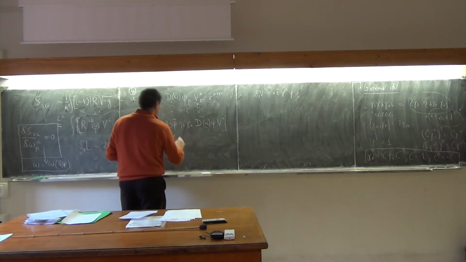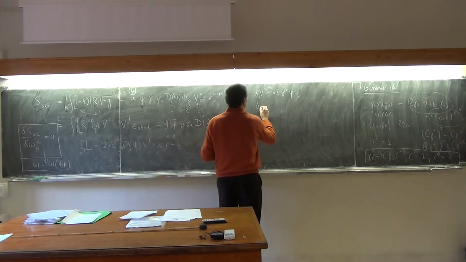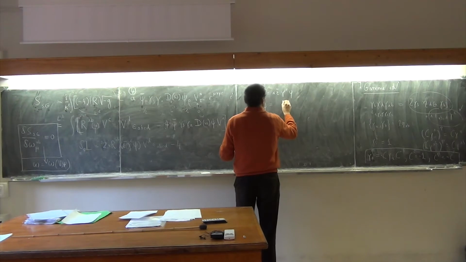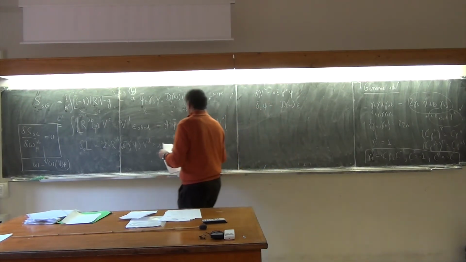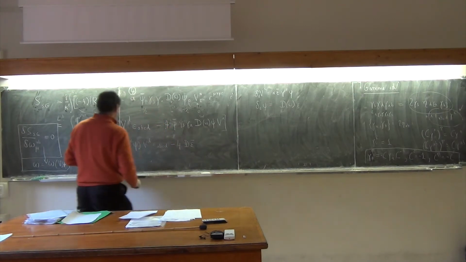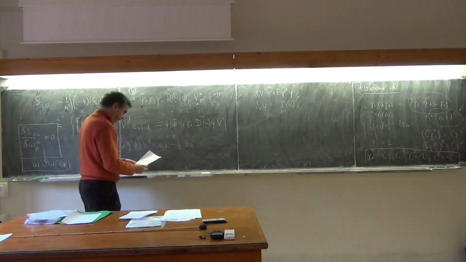So minus 4 times the variation of psi bar, well, the variation of psi is equal to covariant derivative of epsilon. So here we will have the covariant derivative on psi bar, on epsilon bar. Covariant derivative on epsilon bar.